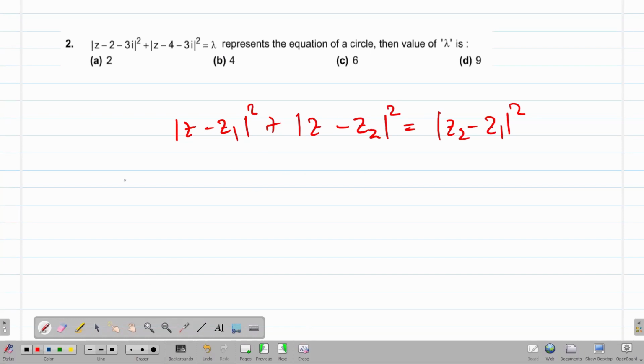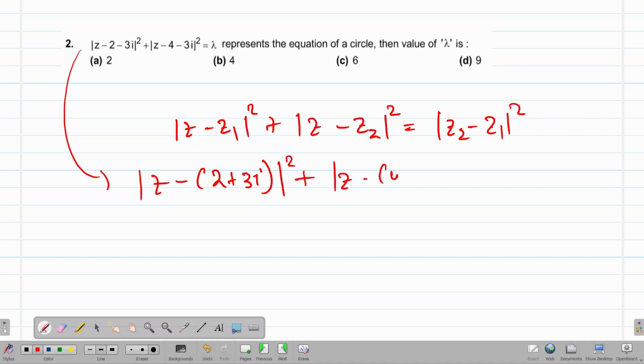So I can just rewrite this as (z minus 2 plus 3 iota) whole square plus (z minus 4 plus 3 iota) whole square is equal to lambda, and in place of lambda we have (z2 minus z1) whole square.